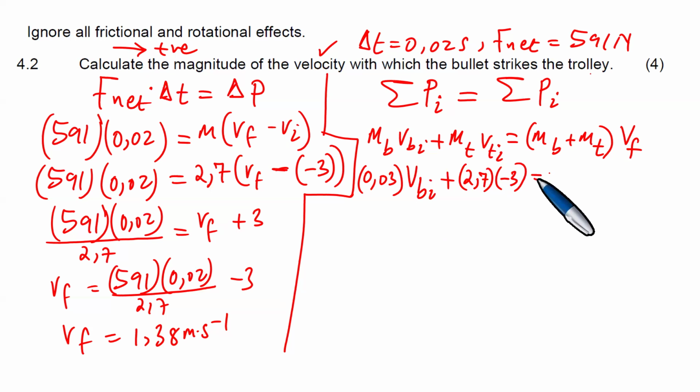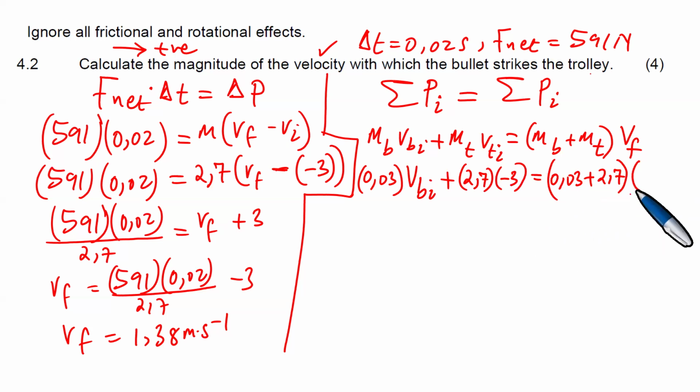Now we equate this. What is the mass of the bullet? 0.03. What is the mass of the trolley? It is 2.7. So we add the mass of the bullet, which is 0.03, and that of the trolley, 2.7.